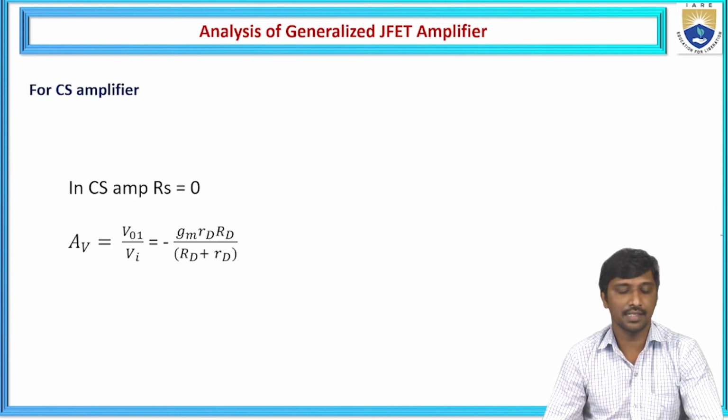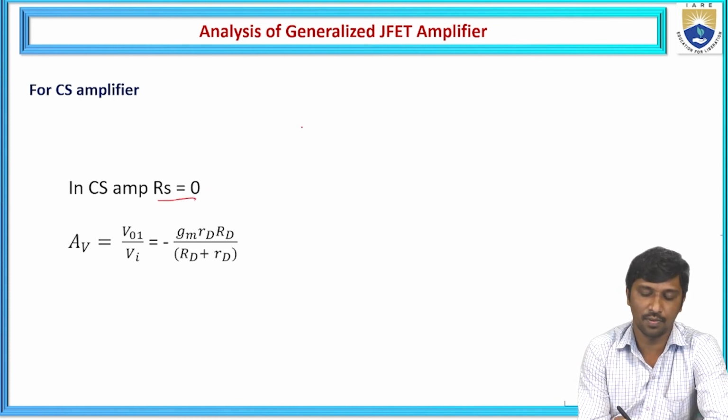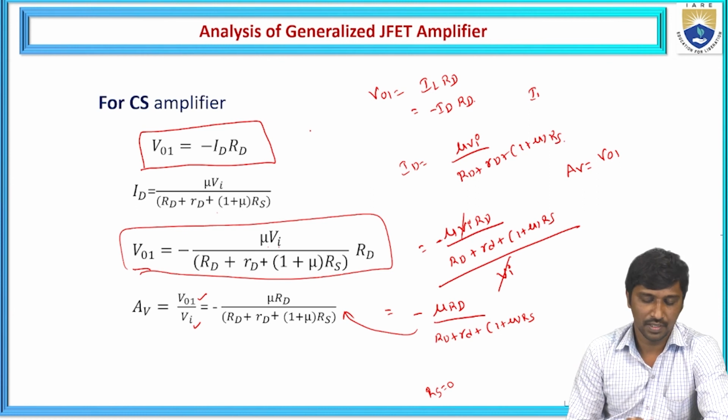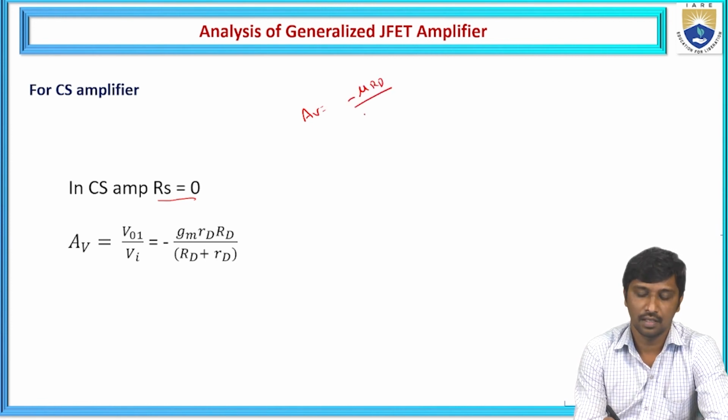For this case, let us assume in a common source amplifier the source resistance is 0. What we observed in the voltage gain is minus mu times RD by RD plus small rd plus 1 plus mu times RS.